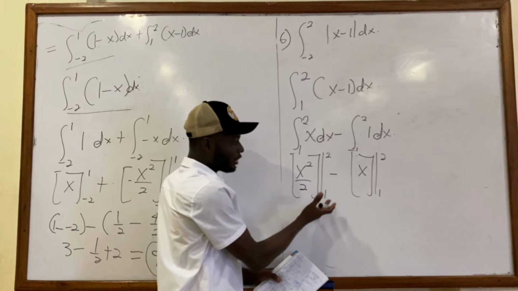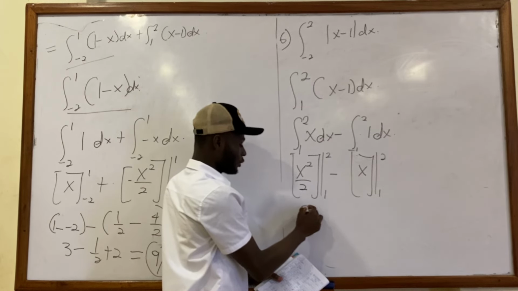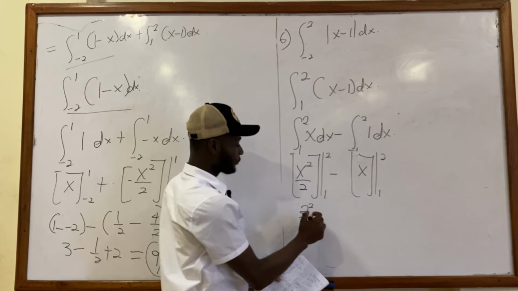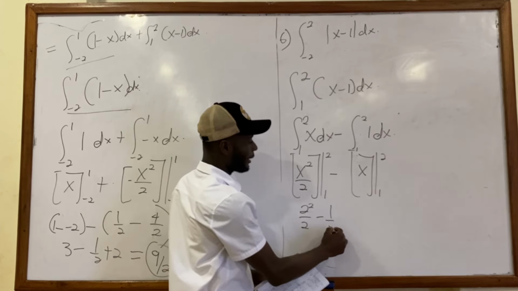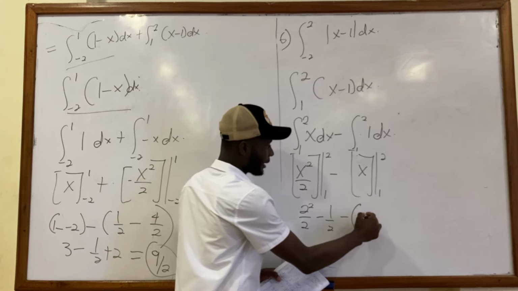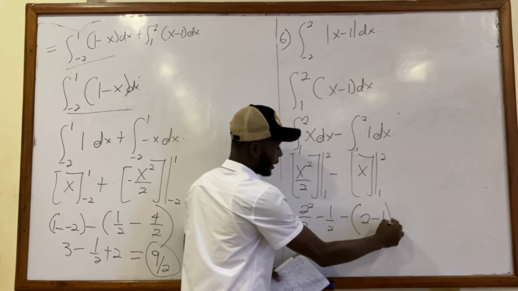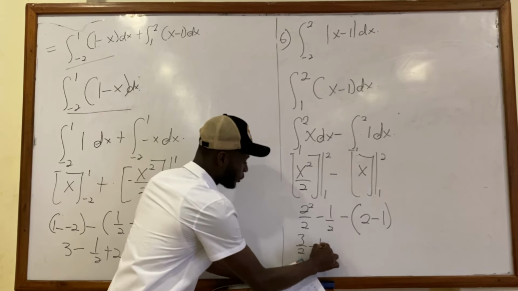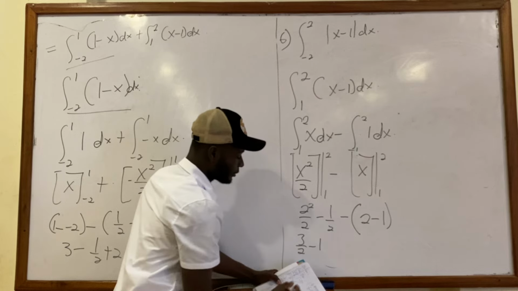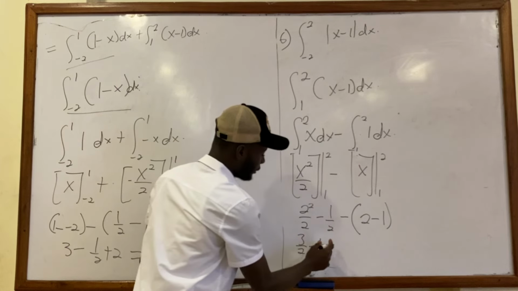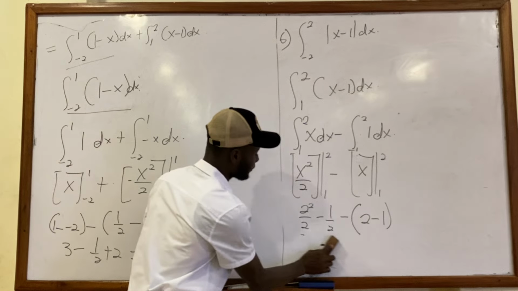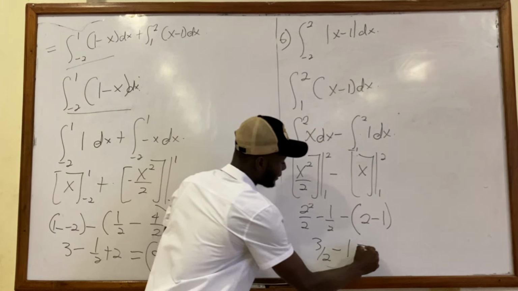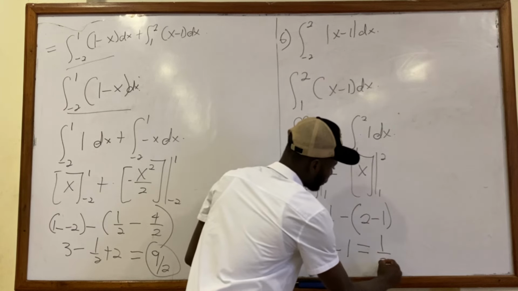All right. So this, when you put in the limit, you're going to have 2 squared over 2 minus half, all right, minus into bracket 2 minus 1. So we have 3 over 2 minus 1, and that is equal to 1 over 2.